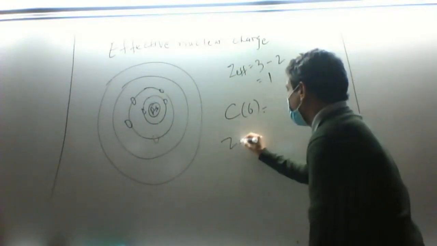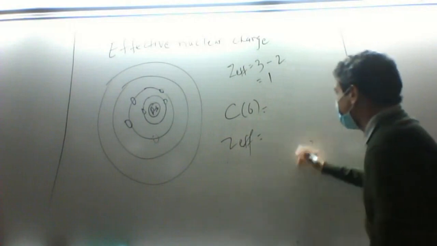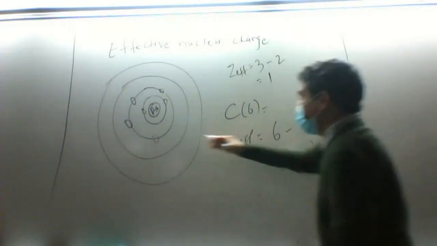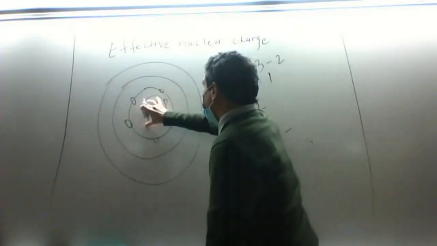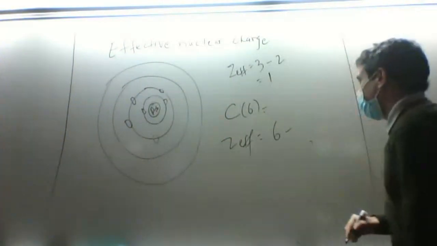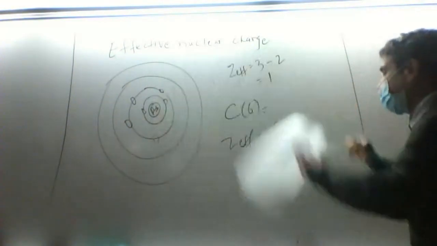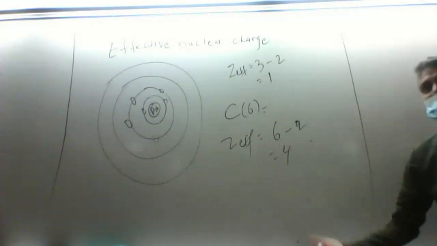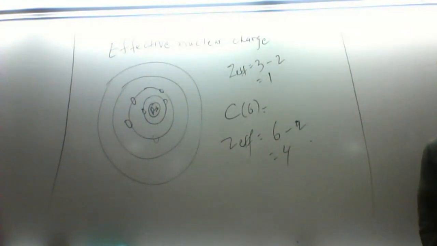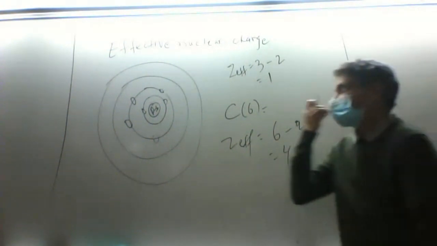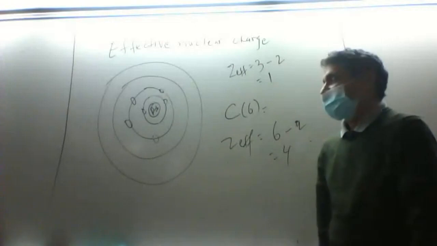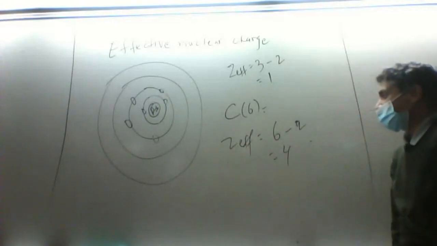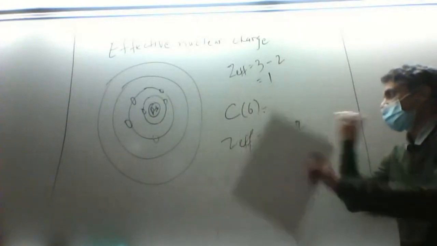So Z effective for carbon is total charge 6, minus these 2 electrons which block the outermost electrons from feeling that force. So 6 minus 2 is equal to 4. So carbon has 4, right? Make sense? So in carbon, the outermost electrons are experiencing about 4 units of force. Now this is the Z, so they call it the effective nuclear charge.